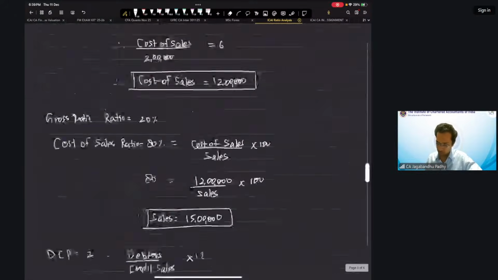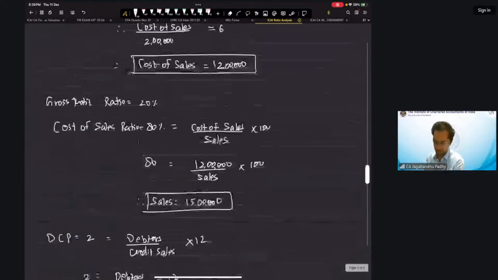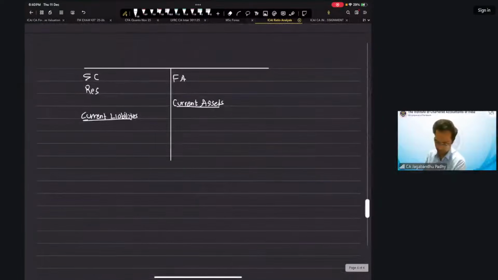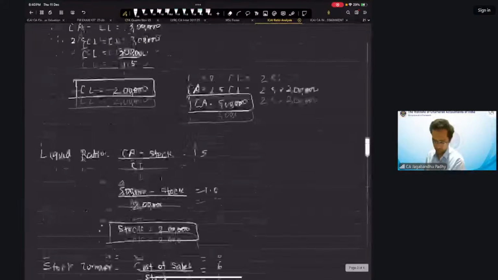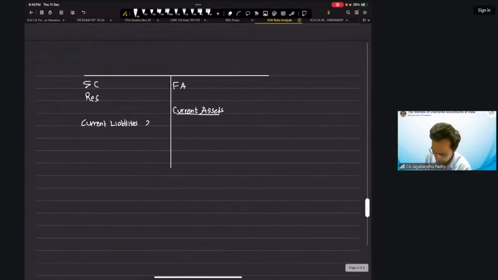Okay, so we know the total of current assets and current liabilities. I don't think there is anything about the current liability, so it will be just one figure. Current liability is 2 lakh. Current asset is 5 lakh.